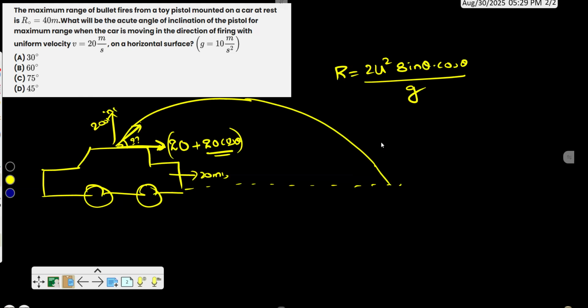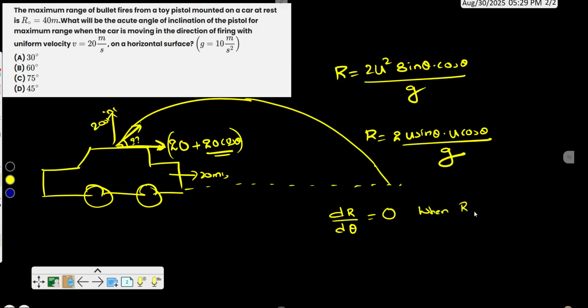So I can simply write it as R is equals to 2u sine theta into u cos theta upon g. So dr by d theta, if I do, that should be 0 when range is maximum. When range is maximum, dr by d theta must be equal to 0.